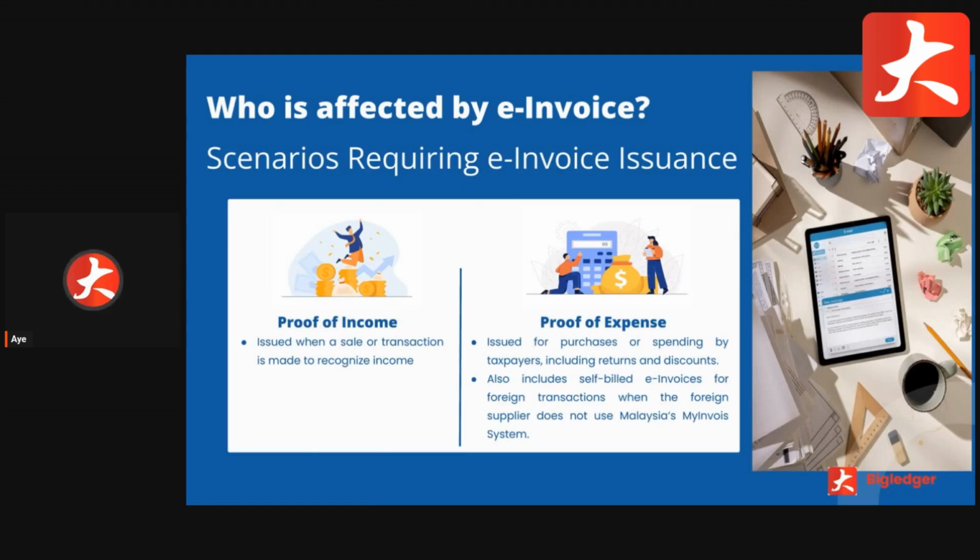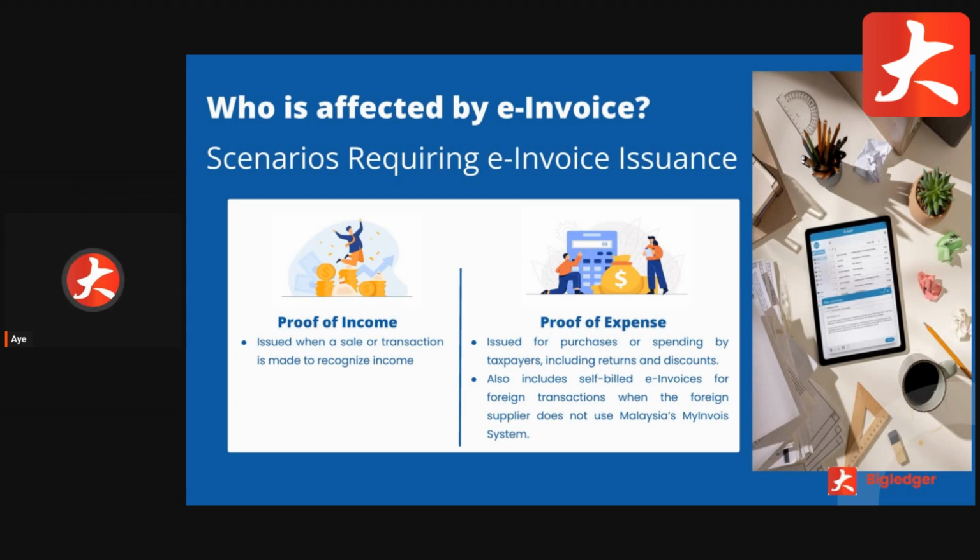There are various scenarios where e-invoices are required. First is proof of income. An e-invoice needs to be issued whenever a sale or transaction occurs to recognize the taxpayer's income. Second is proof of expenses. E-invoices cover purchases or spending, including returns and discounts.